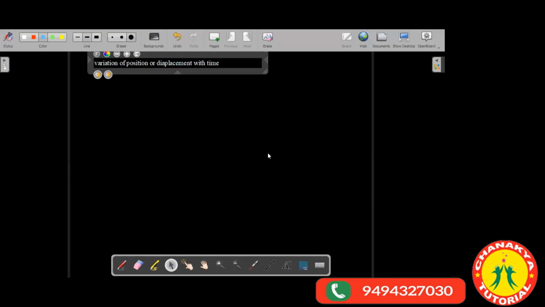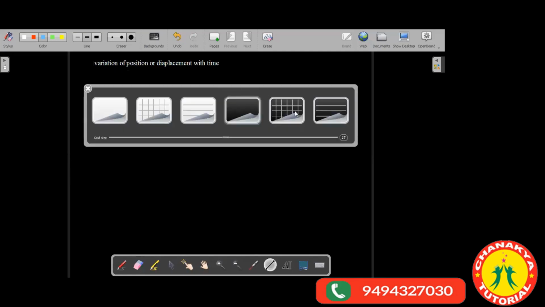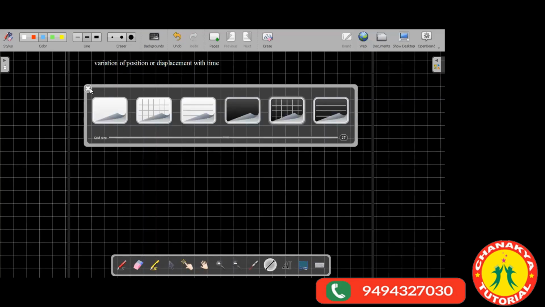Let's draw the graph. You have here variation of position or displacement with time. So let us see, we draw a graph of position with respect to time.